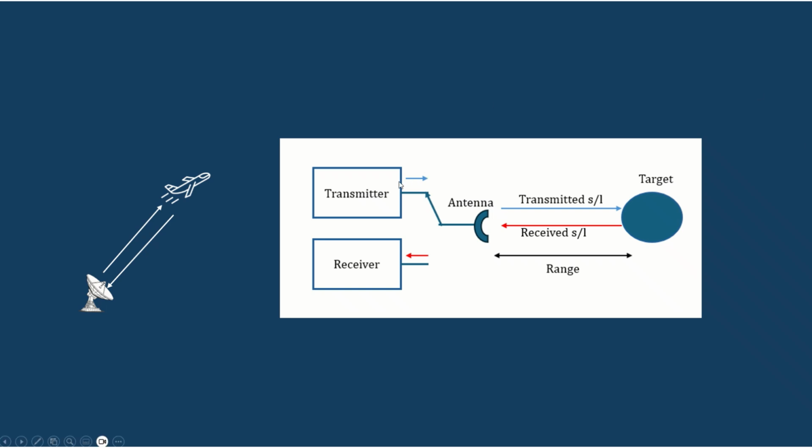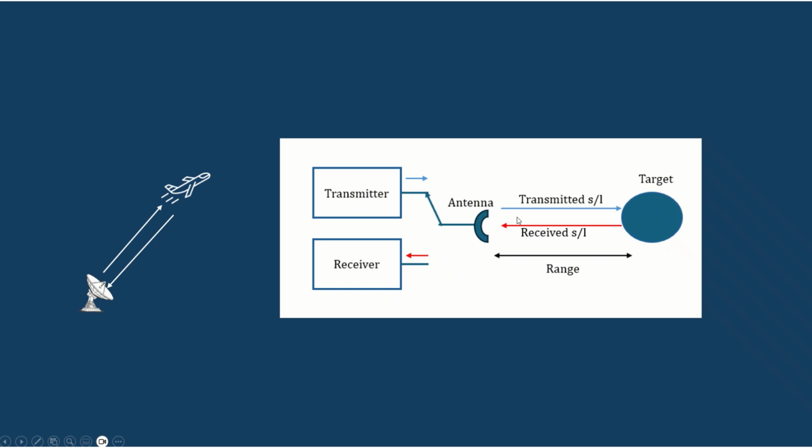This is the basic block diagram of the monostatic radar. It has the same antenna connected to the transmitter block and the receiver block. Here we have a duplexer, which acts as a switch. That means it gets connected to the transmitter or receiver based on the mode.